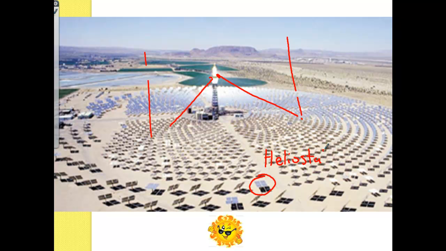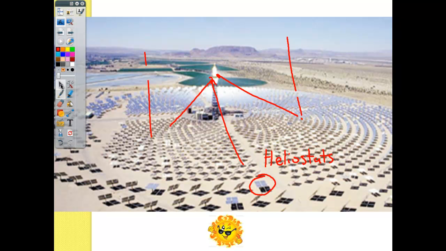And those heliostats direct the light to the tower, where water can be pumped into that tower, and that tower then can produce huge amounts of steam, because with a large array like this, the heliostats reflect a lot of light to that tower, producing a huge amount of heat, consequently creating a huge amount of steam.